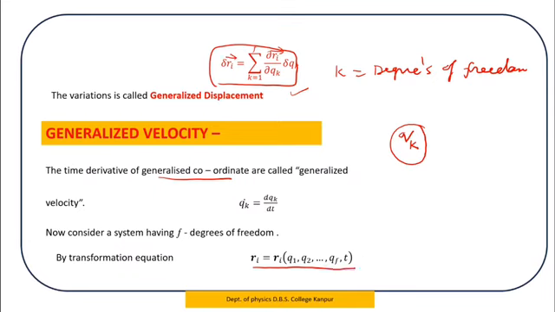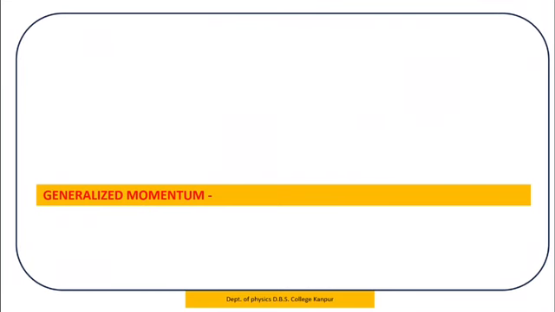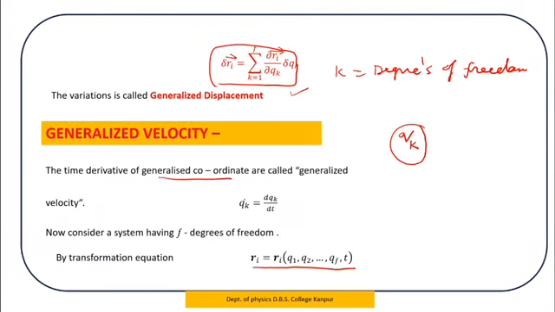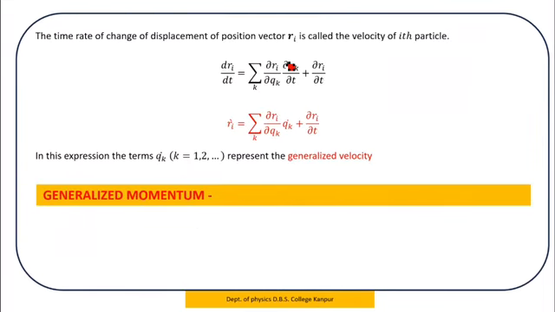Now differentiating ri, we get the velocity of the ith particle. dri upon dt equals ∂ri upon ∂qk, ∂qk upon ∂t, plus ∂ri upon ∂t.